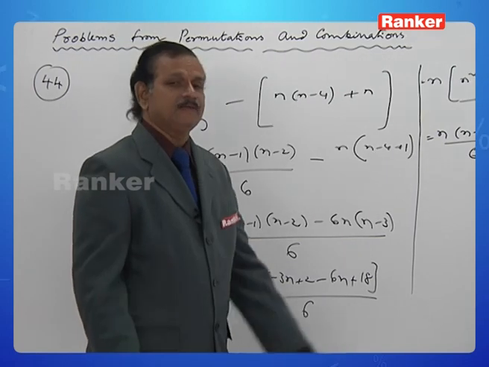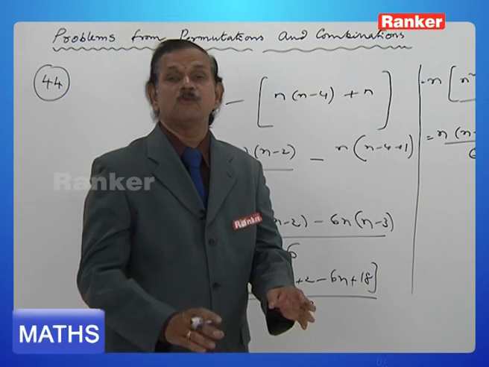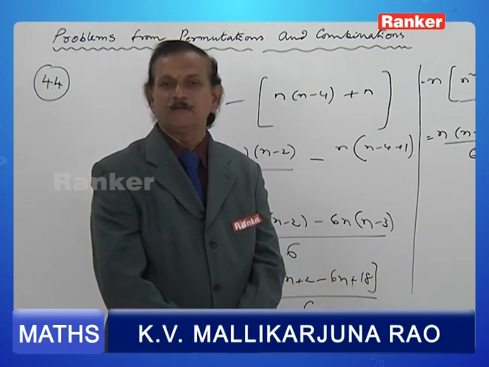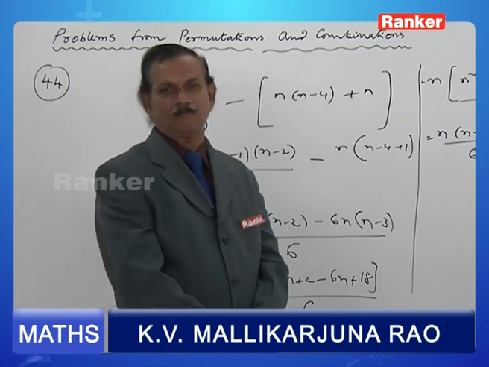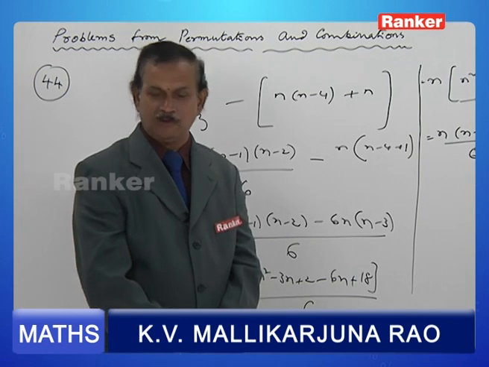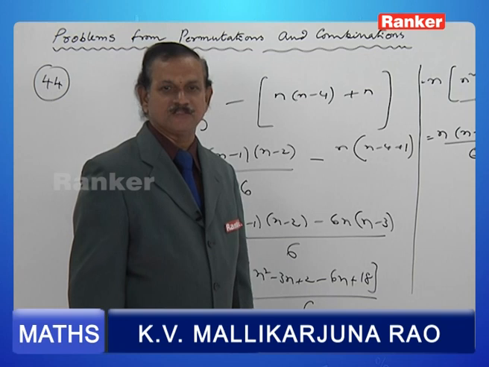Yes, even though answering the question is already over, if you try to get the correct answer for that option, then you will be knowing a new formula to have the number of triangles in which no sides are common with that of the polygon. It is n into n minus 4 into n minus 5 by 6.